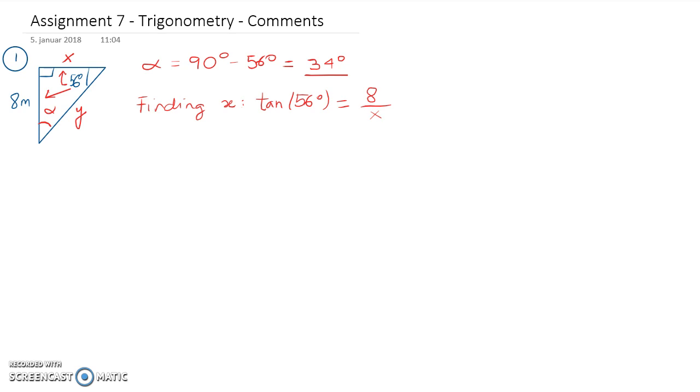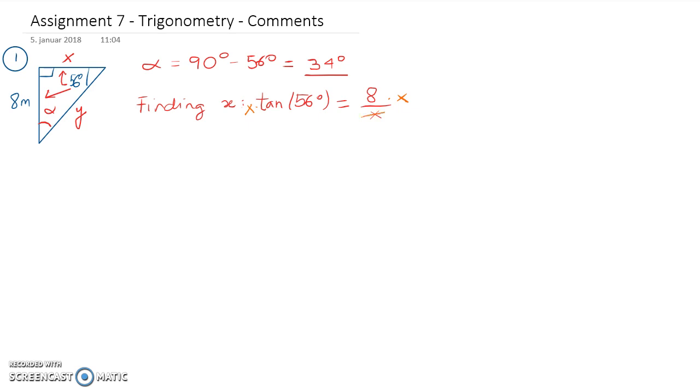So we just need to do algebra to find what x is. You may think, do we like x dividing over there? No, we don't, because we want to find the value of x. So we want this x to cancel, so we multiply by x on both sides.